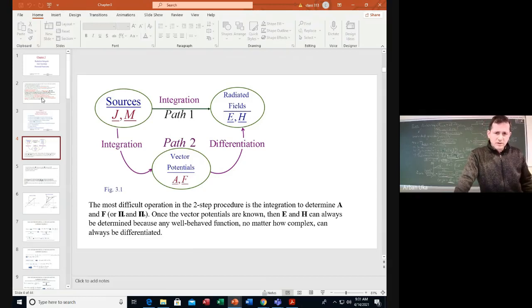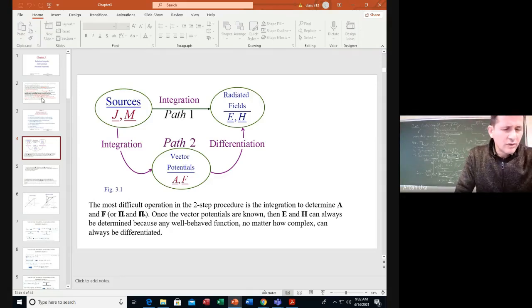Integrating those equations, we can find the E and the H. Now we can use another approach: from the sources, we can find the vector potentials, the A and the F. After we find the vector potentials, we can differentiate, and we can find the electric field and the magnetic field intensity.